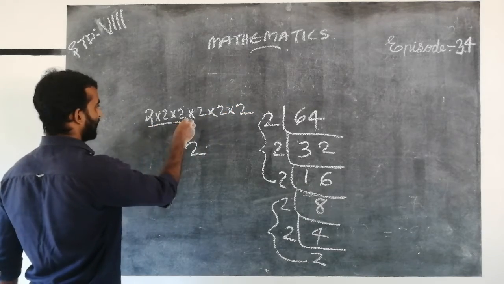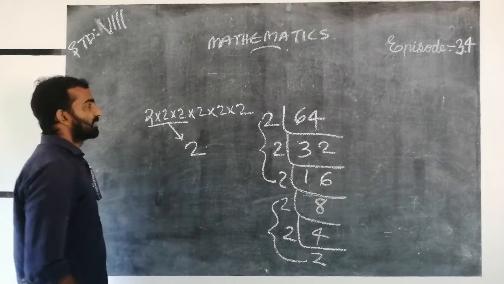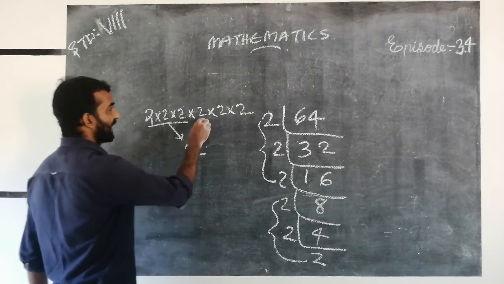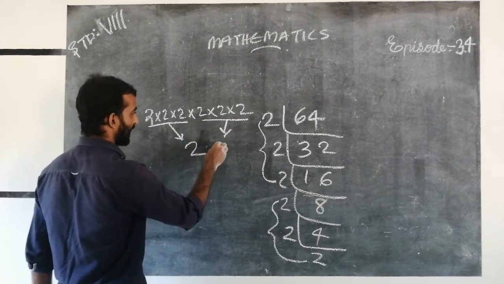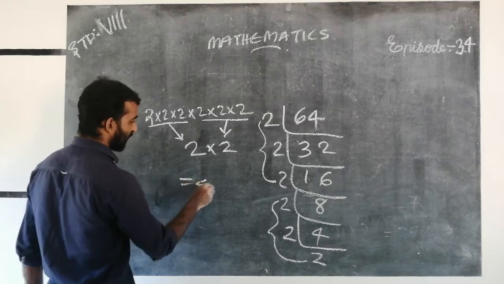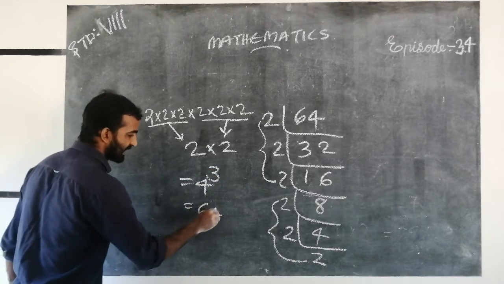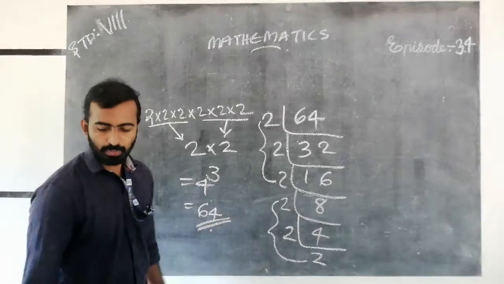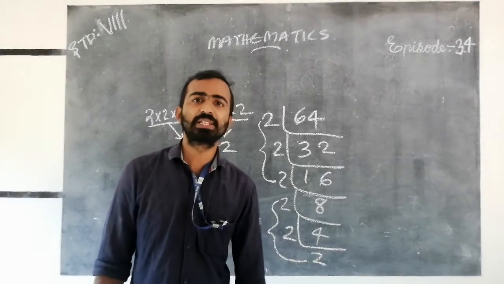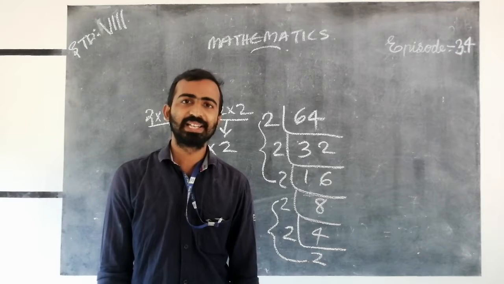We consider 3 times as 1, and here as 1. That is 4. That is, 4 cube is 64. Is it? Yes.